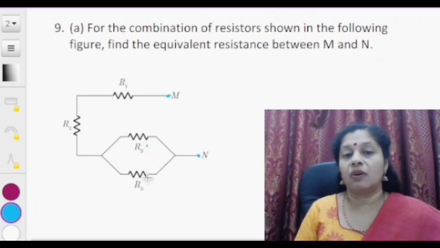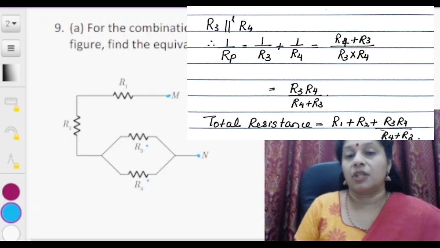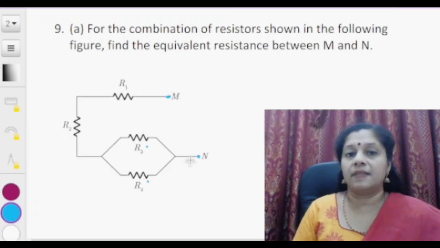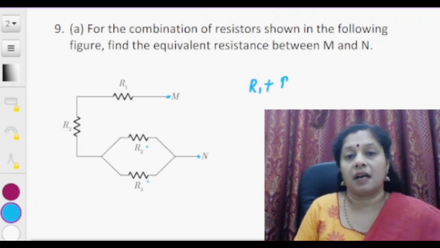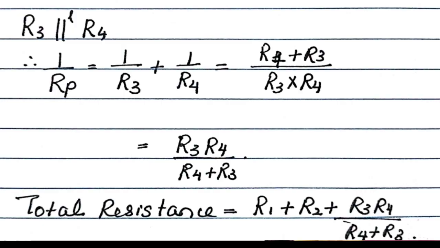So first we will solve R3 and R4. Since the values are not given, we can write R1 plus R2 plus 1 by R3 plus 1 by R4, right? These two, if you solve, what will you get? R1 plus R2.